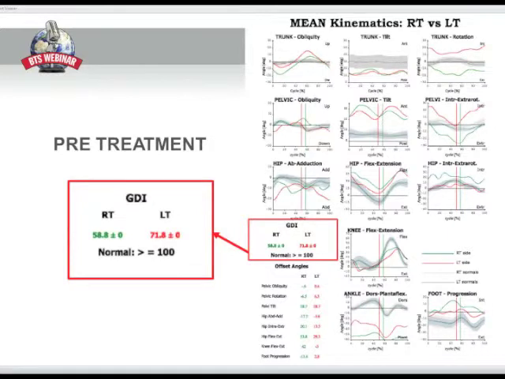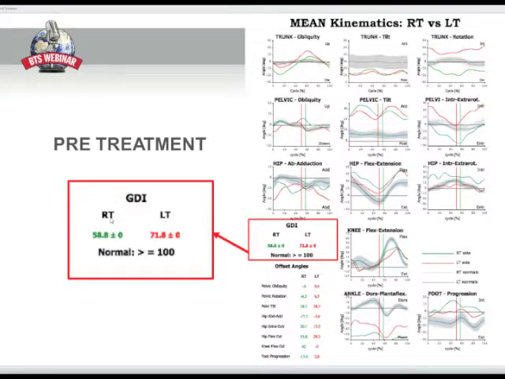So these are the data coming from the 3D gait analysis for the patient. If we look at the GDI, we can see that the value is below 100 and that the lower value is for the right side.